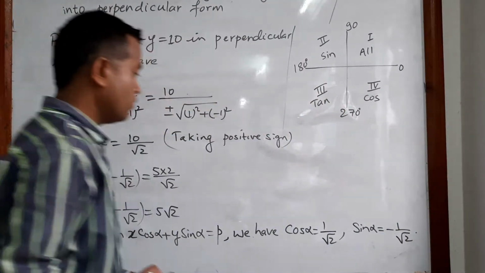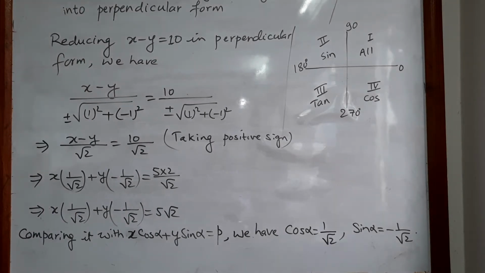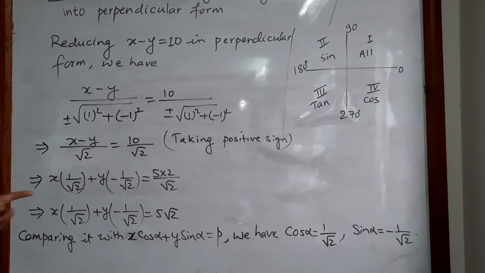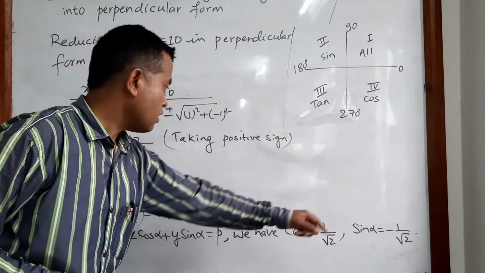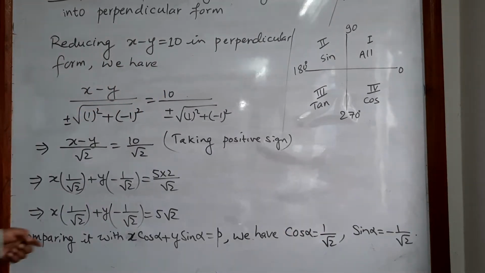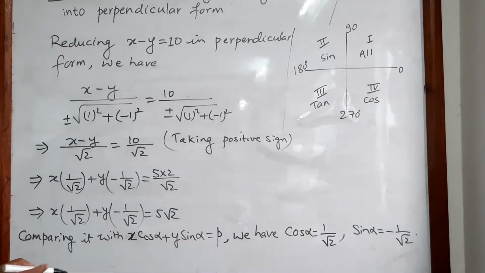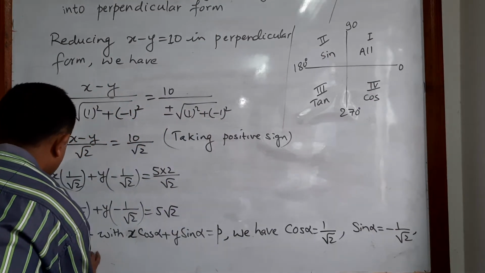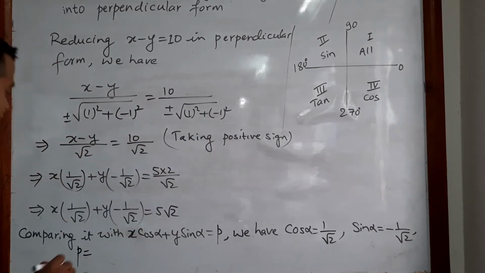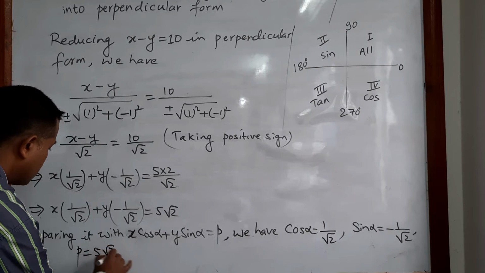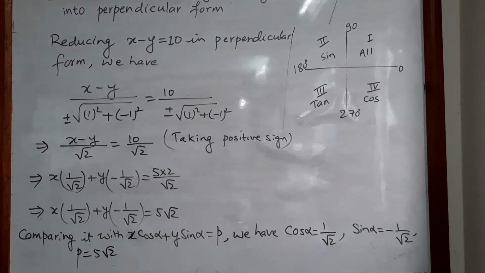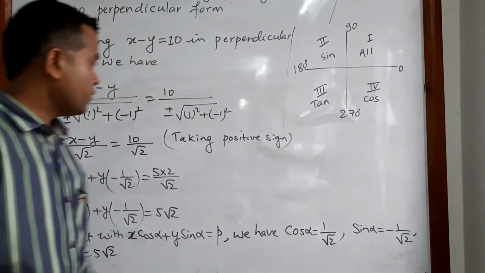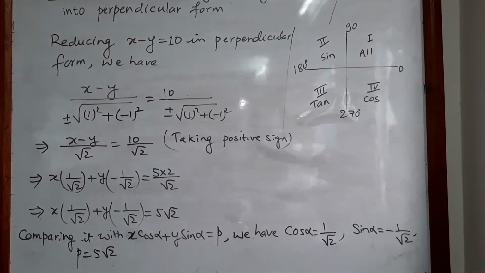Okay, so now using the quadrant rule we will find the value of alpha and the value of p. p equals 5 root 2, and to get alpha we use the quadrant rule.